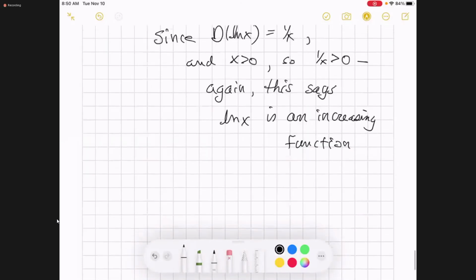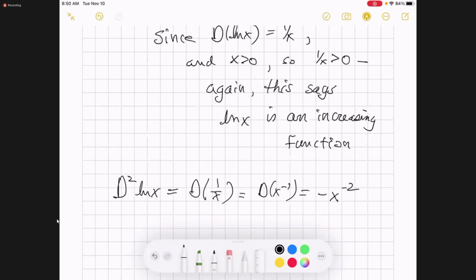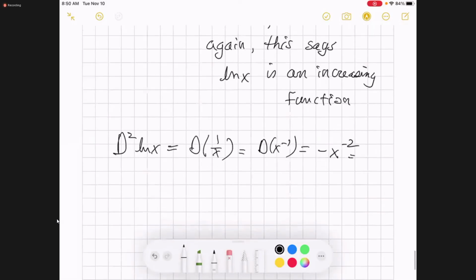Okay, what's the second derivative then? That would be the derivative of 1 over x, and now I can just write that down. That's minus x to the minus 2, which is minus 1 over x squared.